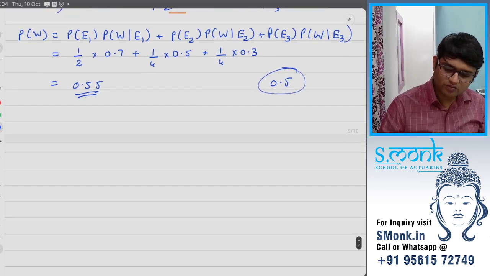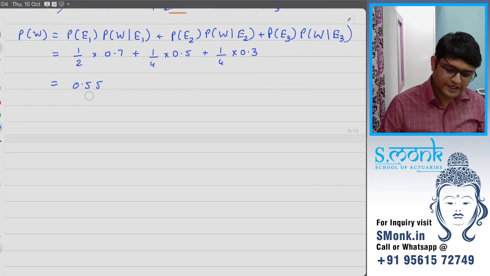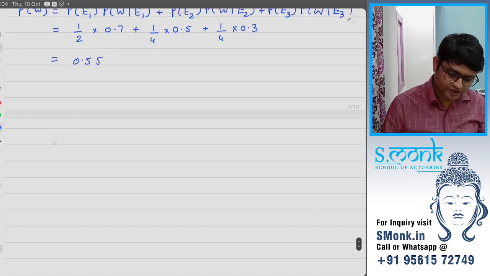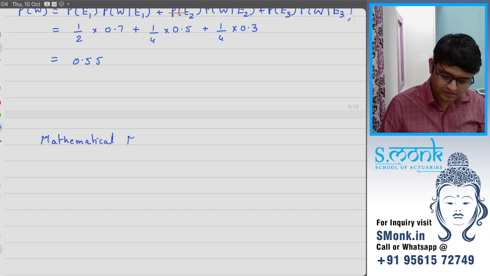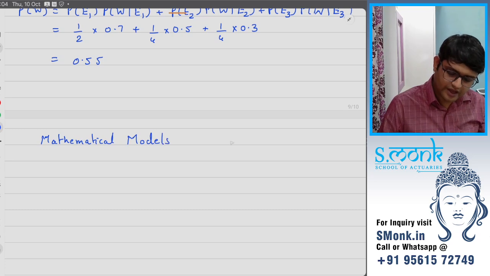Whenever we are talking about models, we broadly categorize the models in two types. We say we have mathematical models and we have statistical models.